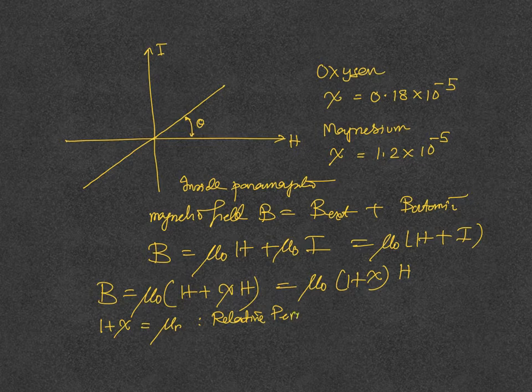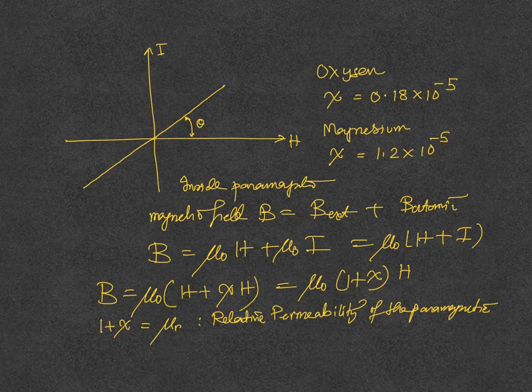Relative permeability of the paramagnetic. And obviously mu 0 is the permeability of free space, so mu 0 times mu R is mu.